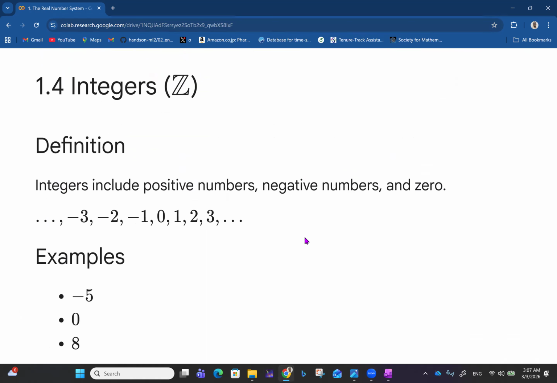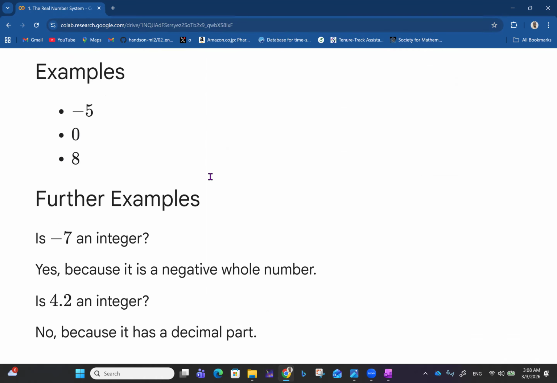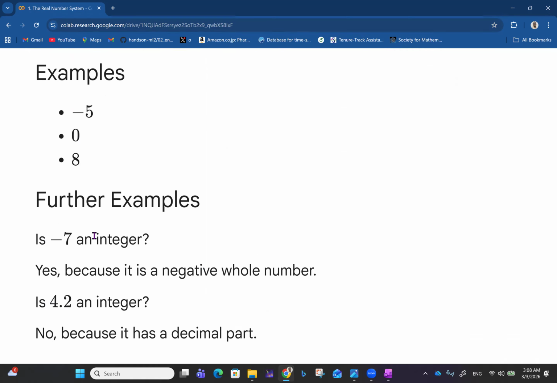It's better to say positive whole numbers, negative whole numbers, and zero will give you integers. Like -5, 0, and 8 are examples of integers. Further examples now, is -7 an integer? Of course, it's an integer, it's a negative integer, because it's a negative whole number.